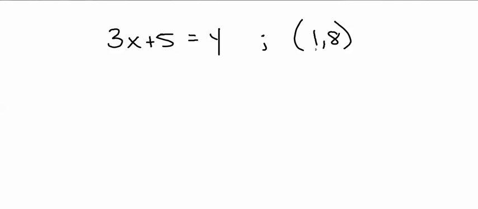That means to substitute the 1 where the x is and substitute the 8 where the y is, and find out if it's true. If it's true, is this a solution? Yes. If it's false, is this a solution? No. Very good.